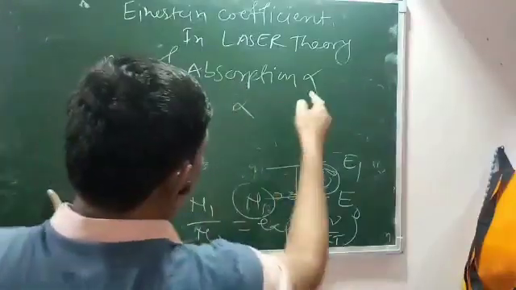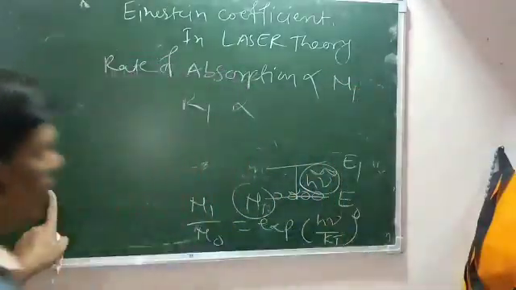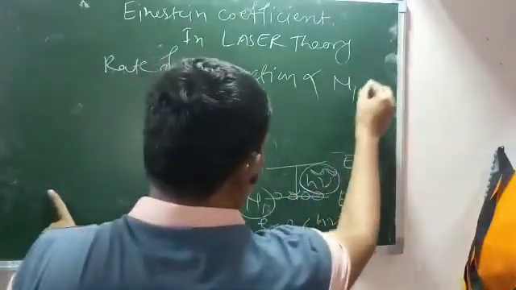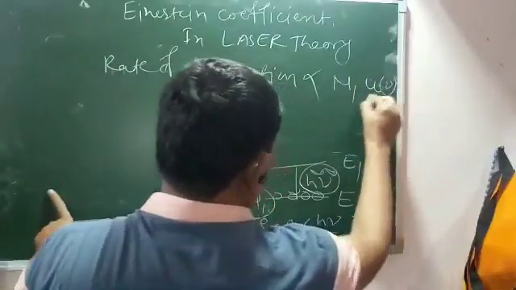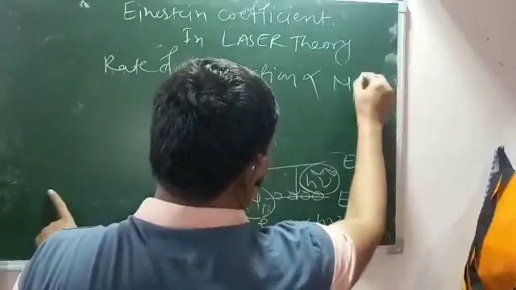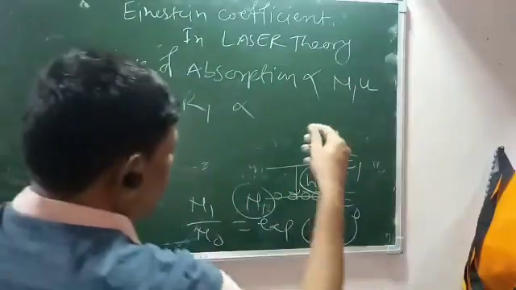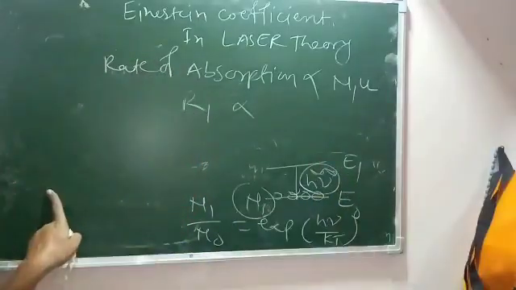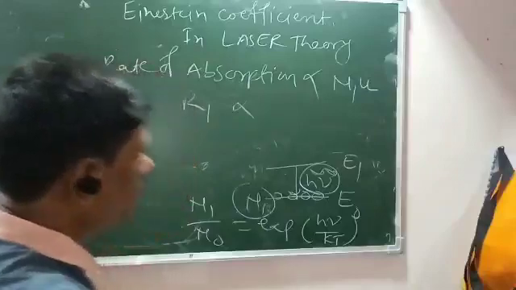So the rate of absorption R1 is proportional to N1, and it is also proportional to U, because the particle needs energy to undergo upward transition.